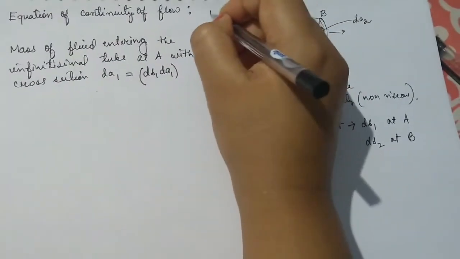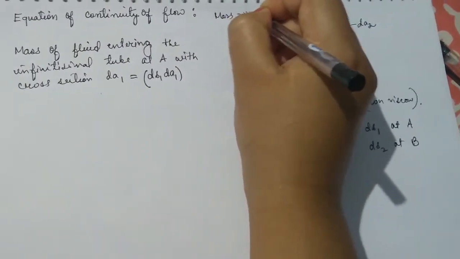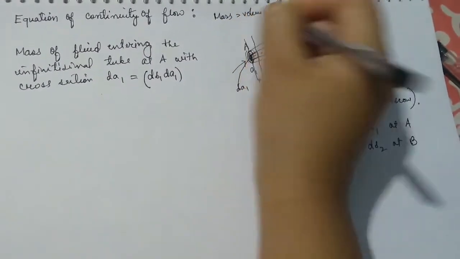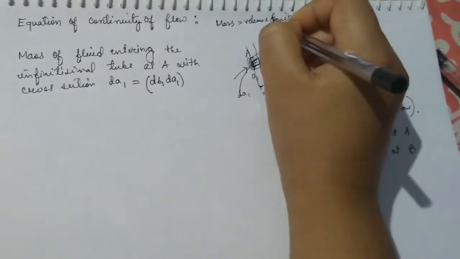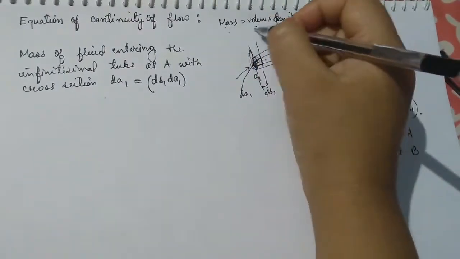You know that mass is what? Volume into density, because density is mass per volume. So mass equals volume into density.